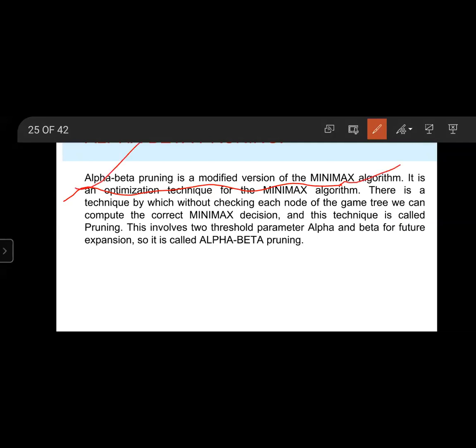It is an optimization technique for the minimax algorithm. There is a technique by which, without checking each node of the game tree, we can compute the correct minimax decision, and this technique is called pruning. Clear?